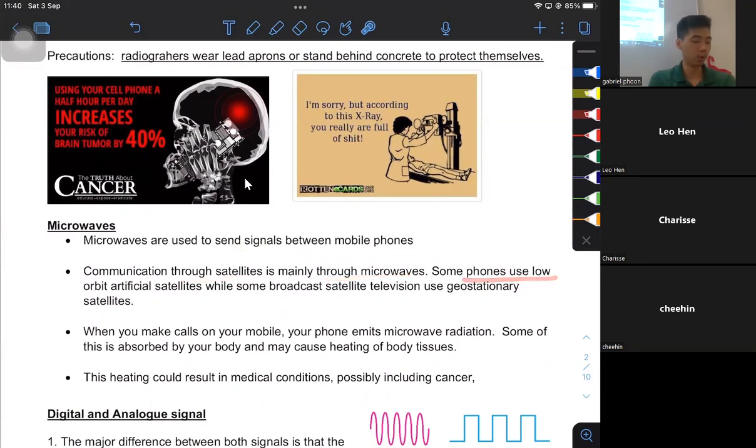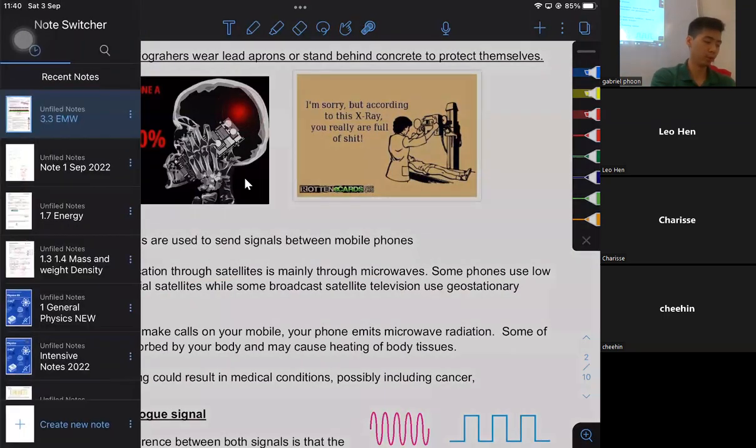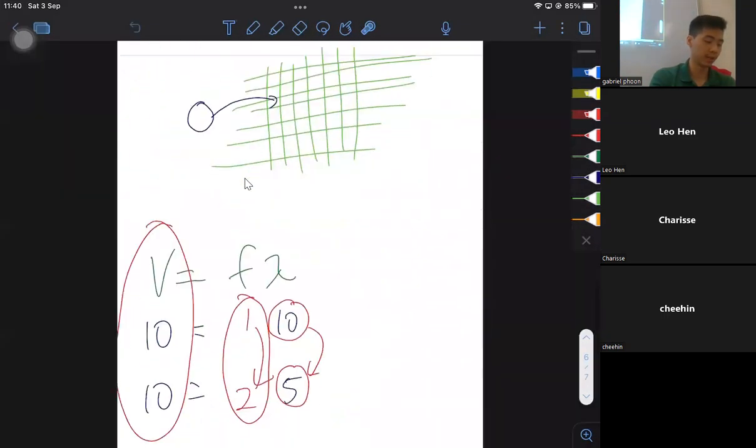Some phones use very low orbital artificial satellites, while some broadcast satellite television use geostationary satellites, guys. For those who do not know, geostationary are basically the satellites that rotate around as the Earth spins. That's what we call geostationary. So if I'm standing on this part of the Earth, you guys know about geostationary satellites.